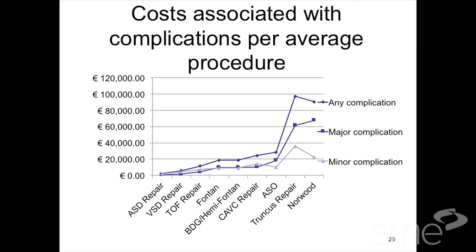When we associate both of them, we can calculate the average cost that we have to take into account for possible complications. And there we see again that rising trend, where you have the more complex procedure, you have a really big associated cost against the more common procedure where the cost is quite reduced.